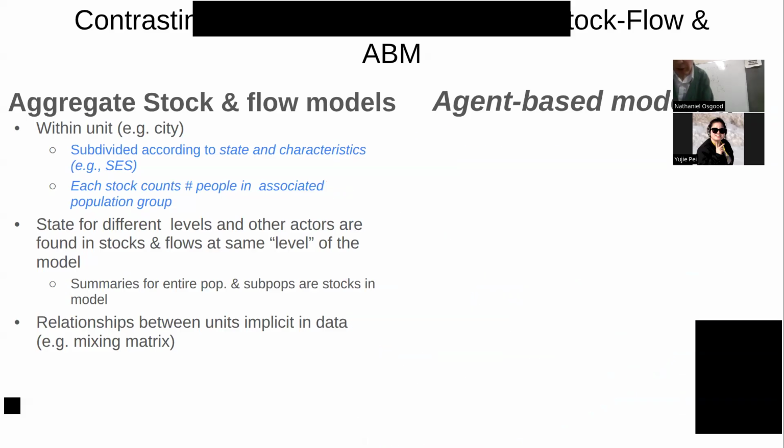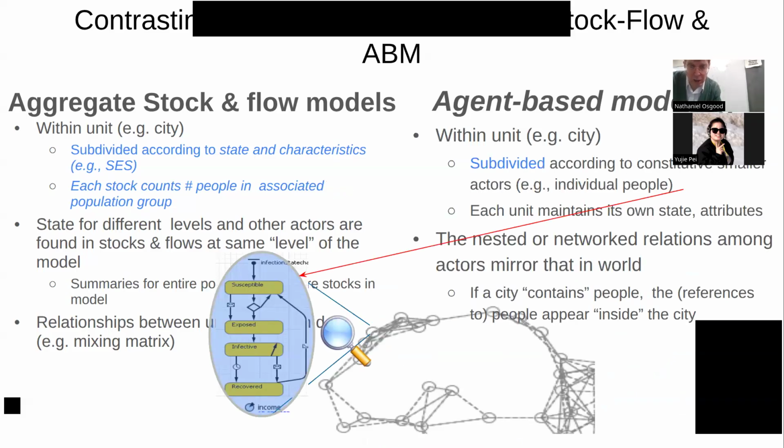By contrast, in an agent-based model, we can actually have hierarchy. I haven't emphasized this; we talked about it from the state chart, but what I'm talking about is a little bit different. We could have an agent for a city, an agent for neighborhoods within that city, agents for people, and agents for schools, for example. What levels you want to have will differ.